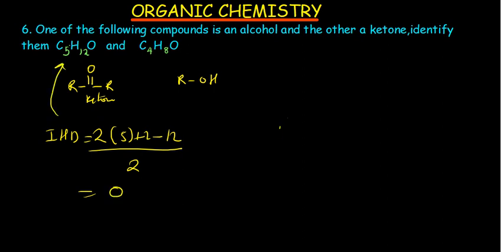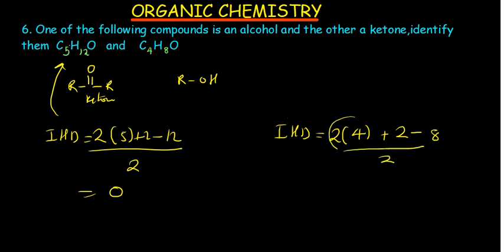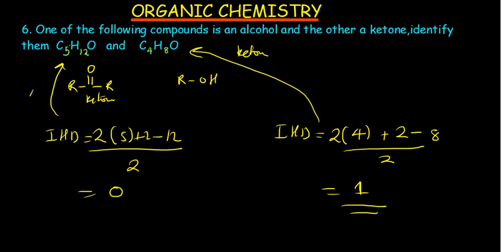And then for the second one, IHD is going to be equal to 2 times the number of carbons, 4, plus 2 minus the number of hydrogens, 8, divided by 2. 2 times 4, 8, plus 2, 10, minus 8, 2, divided by 2, 1. So IHD of 1, this means this one is a ketone. And then this one is an alcohol because of the IHD of 0.